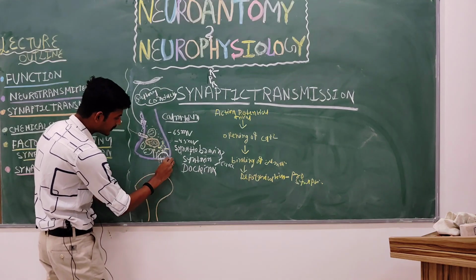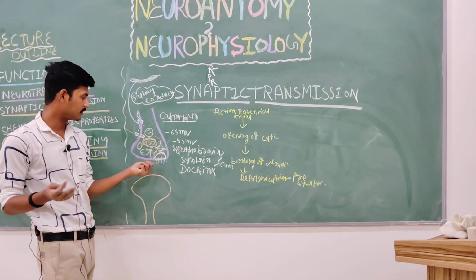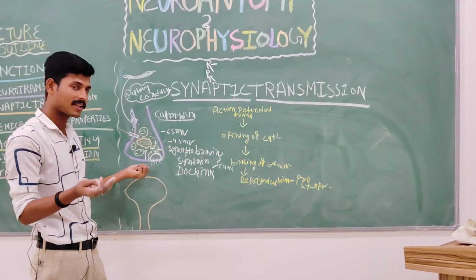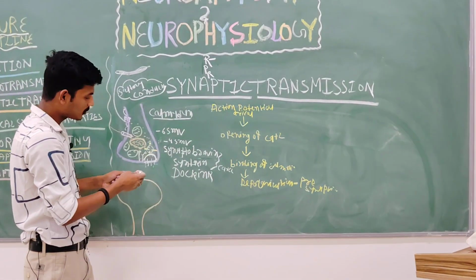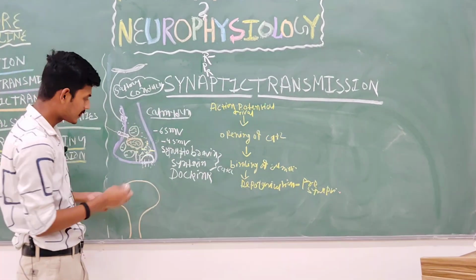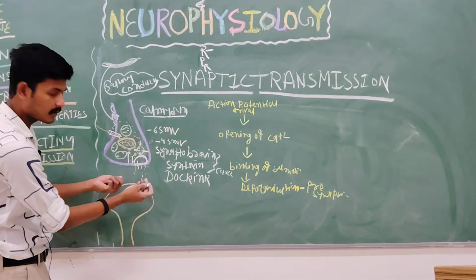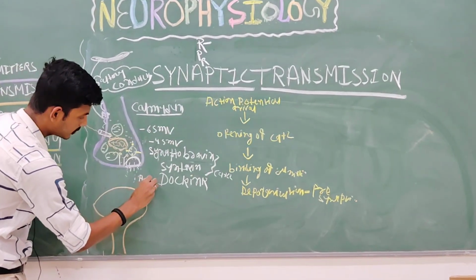Remember, I am just showing you one synaptic vesicle, but for one excitatory purpose there is a larger amount. Many synaptic vesicles will fuse with this membrane at once, and this business is ongoing, but I am just showing you one. Now the synaptic content, acetylcholine, comes into this environment.